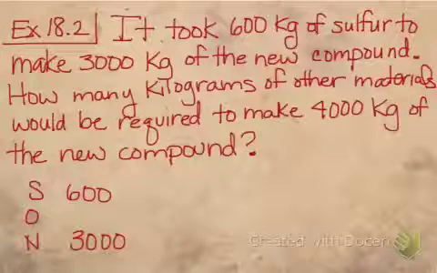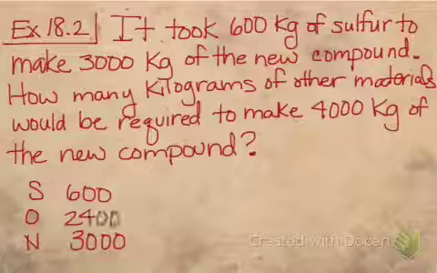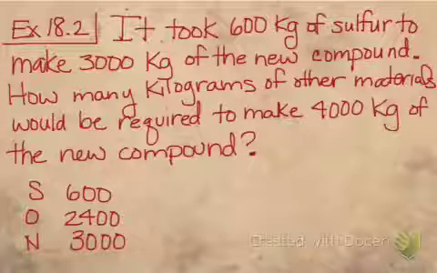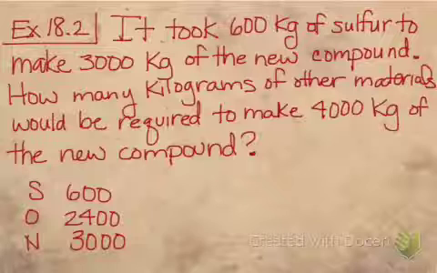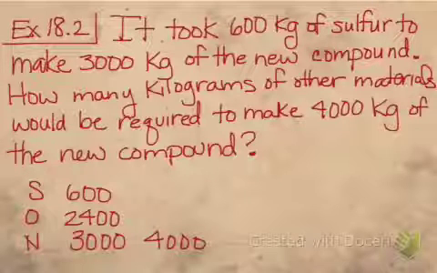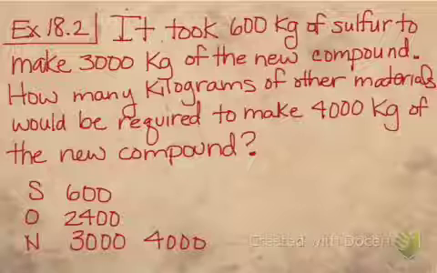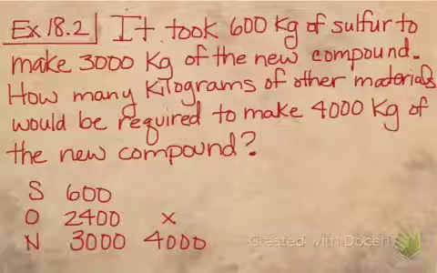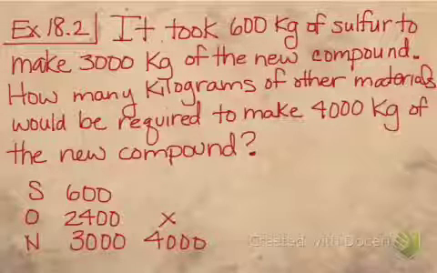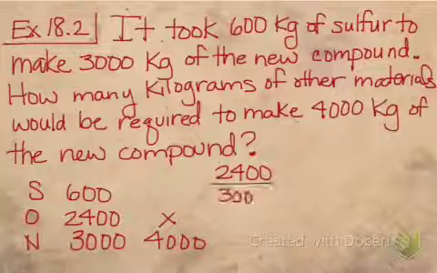So we fill in the blanks and find out that the other materials are 2,400. So when it says how many would be required to make 4,000, we need to know how many kilograms of other. So we'll put an X in for other.